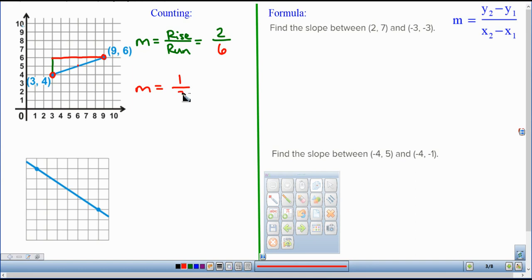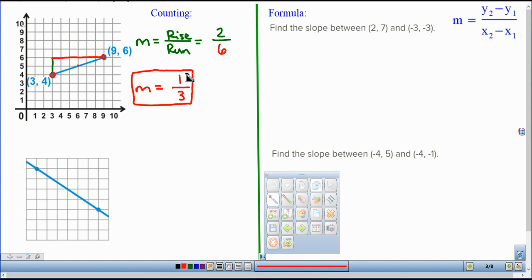which can be rewritten as a reduced fraction of 1 over 3. The last thing we want to check is make sure that your slope number, the steepness number, is matching this idea of positive or negative slopes. As we read it like a book, this goes from left to right and it goes up.